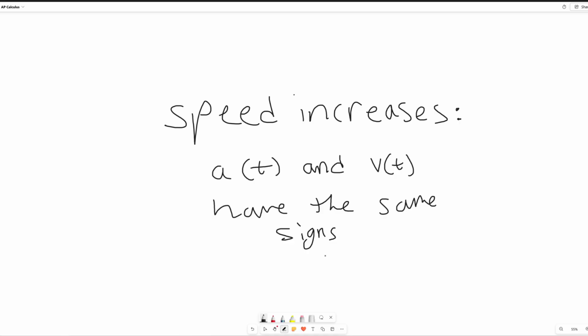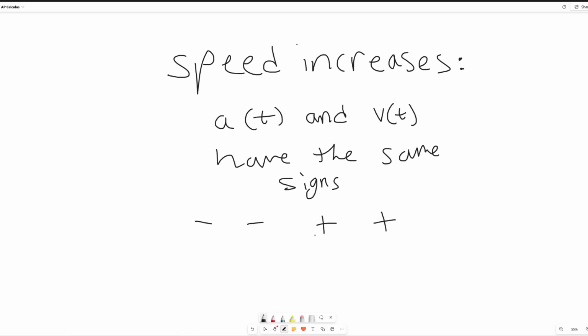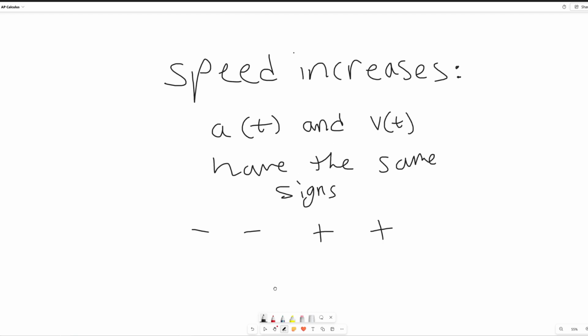If they have the same sign, then it is increasing in speed. So if they're both negative or if they're both positive, it's increasing. If they have different signs, so one's negative, one's positive, then the speed is decreasing. The position has no bearing on this again. Position has no bearing on whether or not the speed is increasing or decreasing.